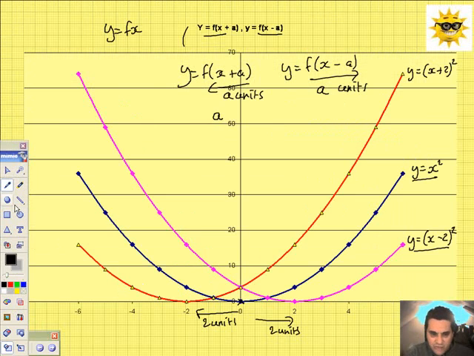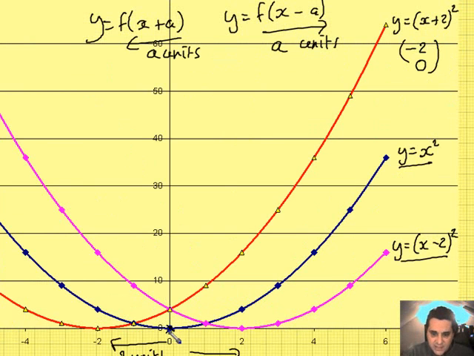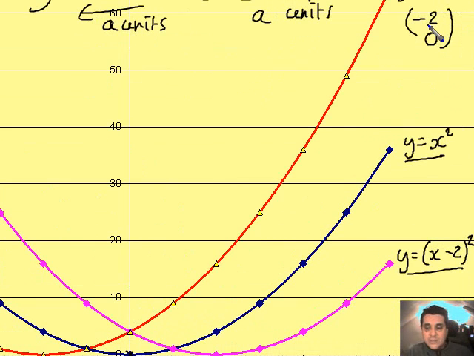Let's have a look, let's use real numbers now. So you look at the red one then, it's gone to the left by 2 units, therefore it's been transformed using the vector minus 2, 0, again starting from 0, 0, going to minus 2, 0, that's the movement of the graph using vector minus 2, 0.